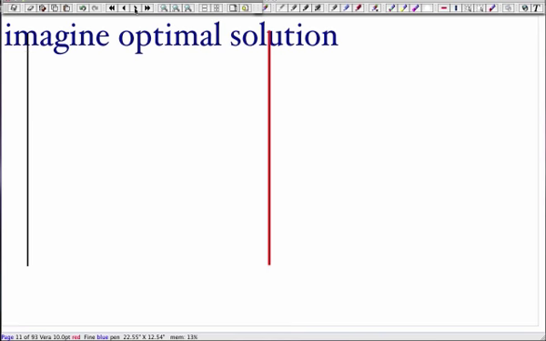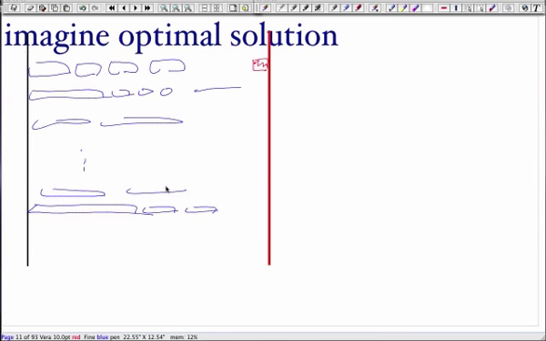So in the optimal solution, one will have a series of words placed here, and there may be some little white space right here. One will come to the very last line and observe two things about the very last line. First, the first word of the last line.